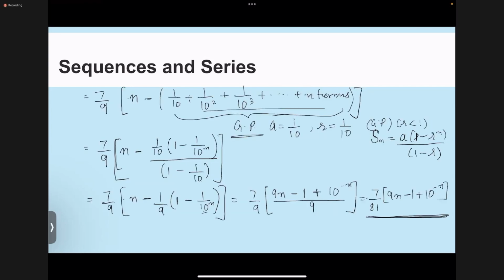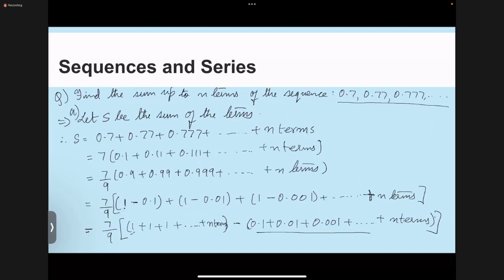Let this be your A part, which is find the sum. And let B be find the sum up to say 5 terms.